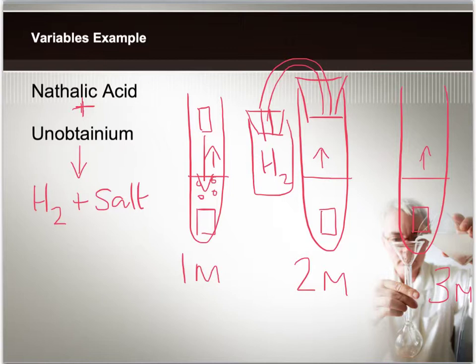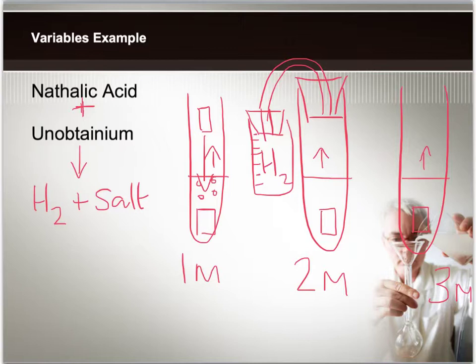Now, if by some sort of scientific magic we are able to measure how much gas we have in here, we would then be able to give ourselves a rate of reaction. We could work out how much gas we're getting produced every minute.